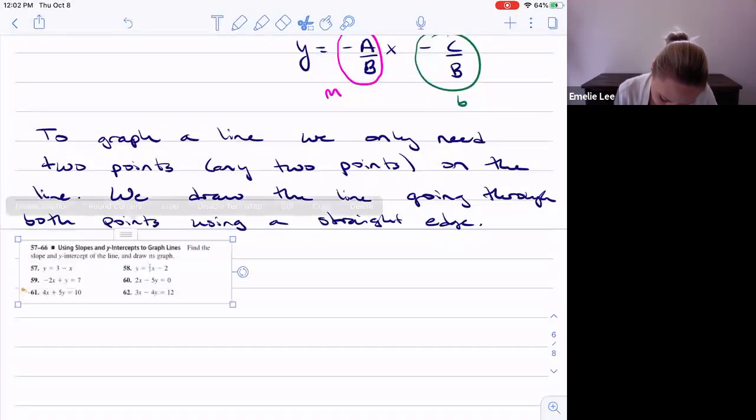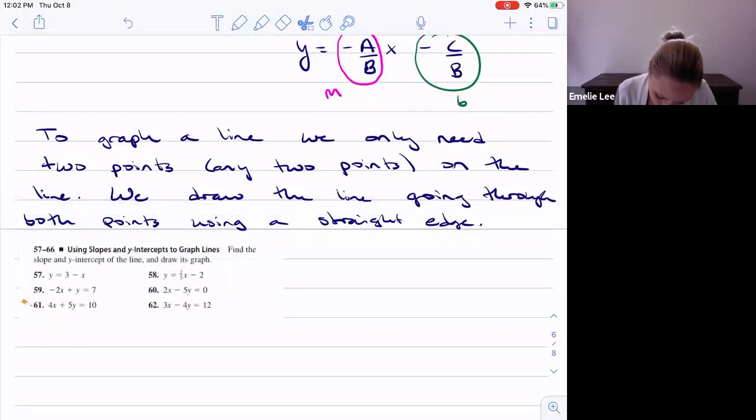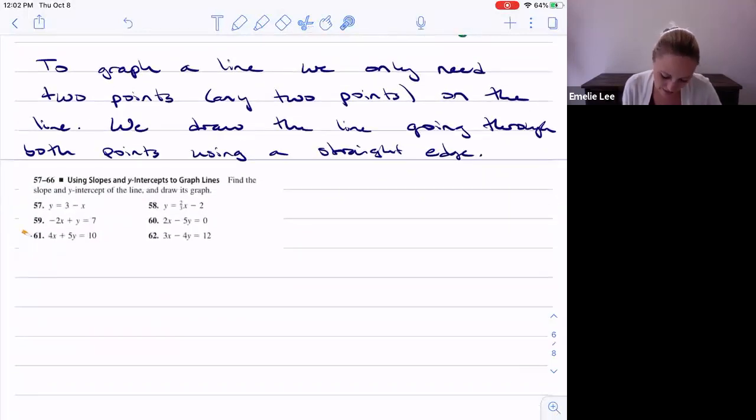First thing I'm going to do is draw the graph of one of these. Let's start with an easy one, 57 first, and then maybe we'll do 62 after.